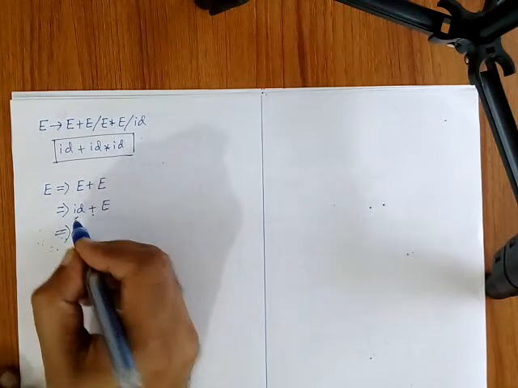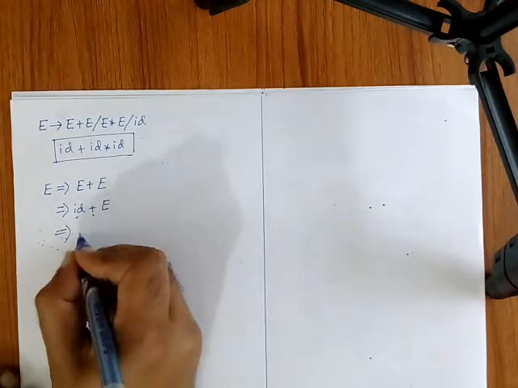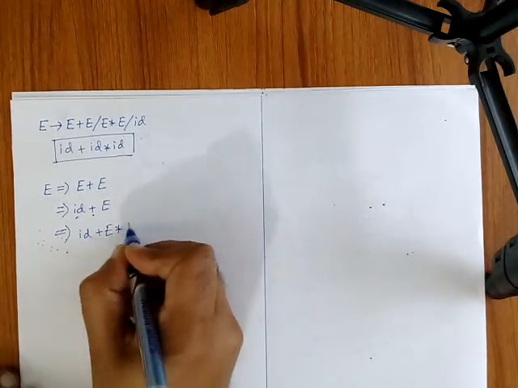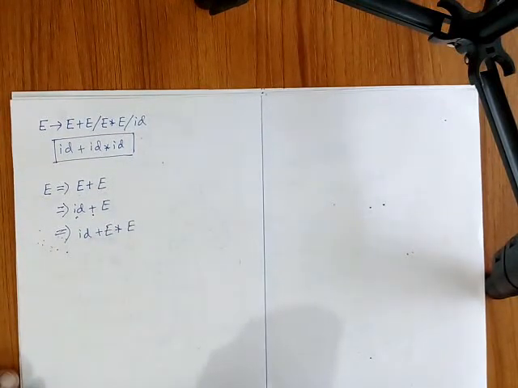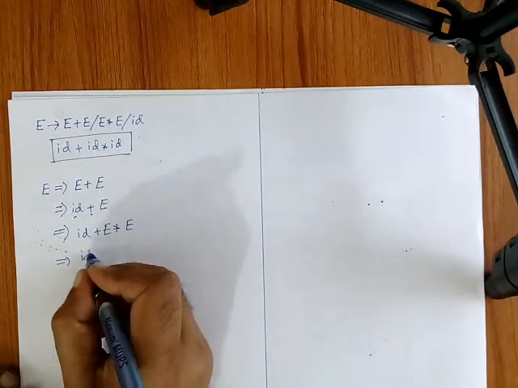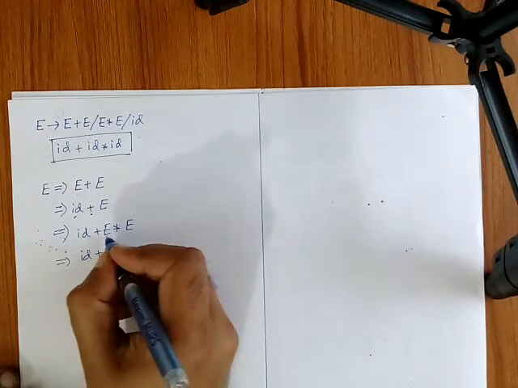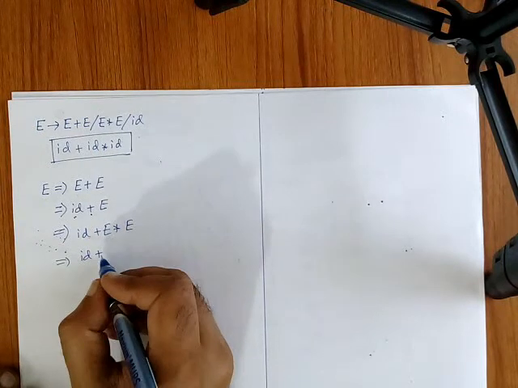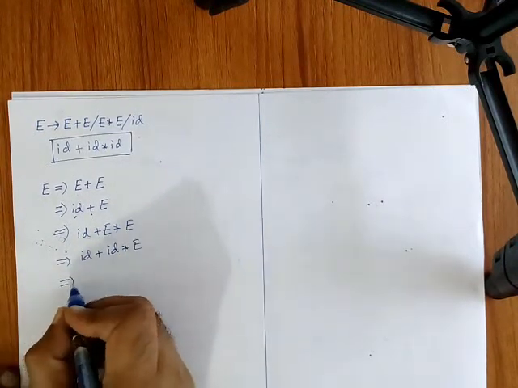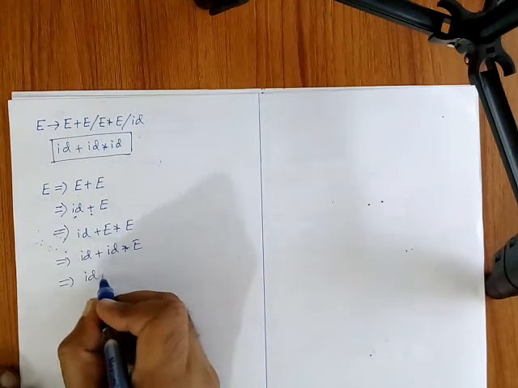ID is a terminal, plus is a terminal, so we go to the next one. Then we replace this one with E star E. Then ID plus this E is going to be replaced by ID plus E. Finally ID plus ID star ID.